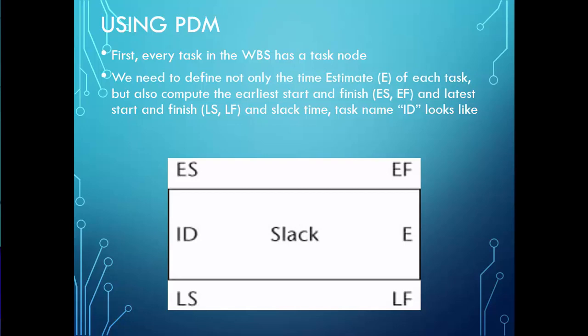We also need to know the earliest start and earliest finish, and the late start and late finish, so we can define whether there is slack time or not. We can also add an ID for the task in case some tasks have a long name. Instead of using the long name, we can use the IDs to define which task we are talking about.